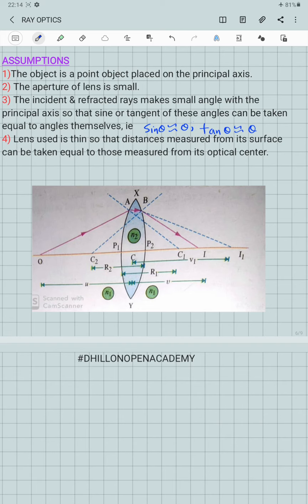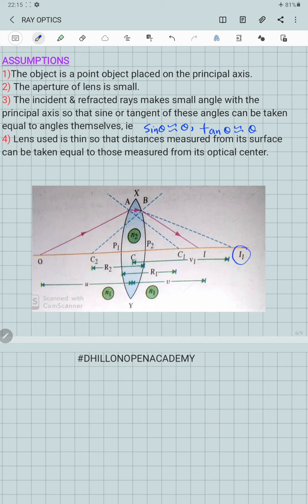So, if we suppose for the derivation that the second surface XP2Y of the lens is not existing, but the denser medium of refractive index N2 of the lens is extending up to infinity, in that case, the rays of light starting from the object, when they strike at the point A, will suffer refraction only one time at the point A, such that the light rays going from rarer to the denser medium will bend towards the normal and they are going to strike at the point I1 on the principal axis.